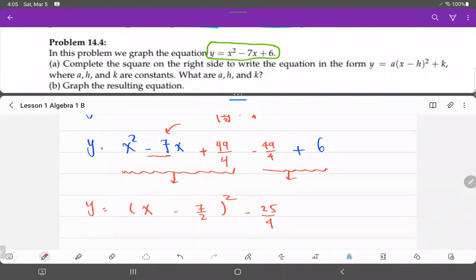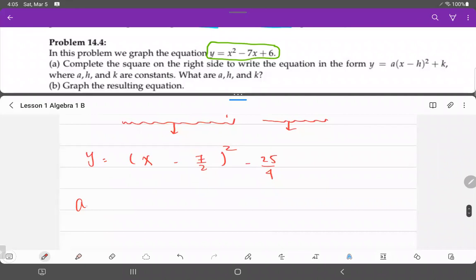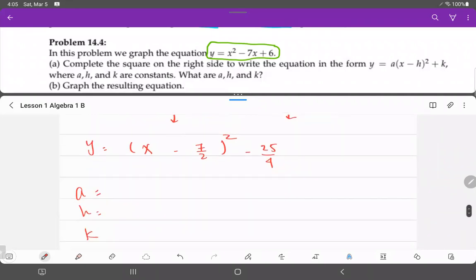So what did we do? We just moved from one form to another form. That's it. So now we do have this. Who can tell me what are the values of A, H, and K? Before we do this, let me write something. Again, we had this.